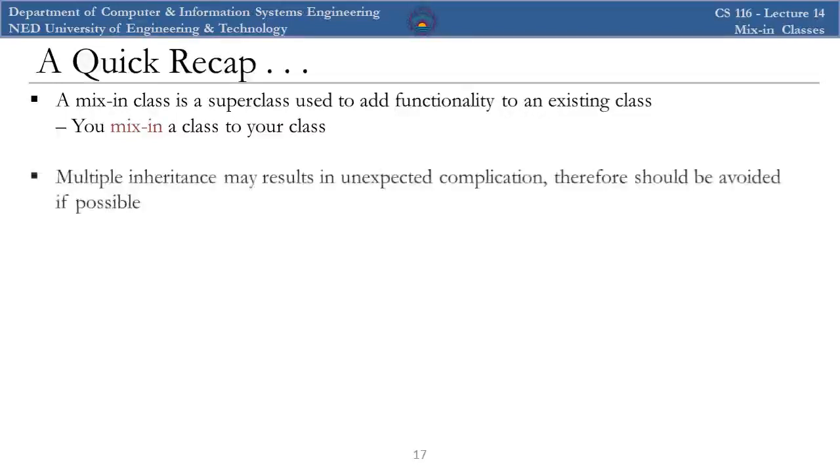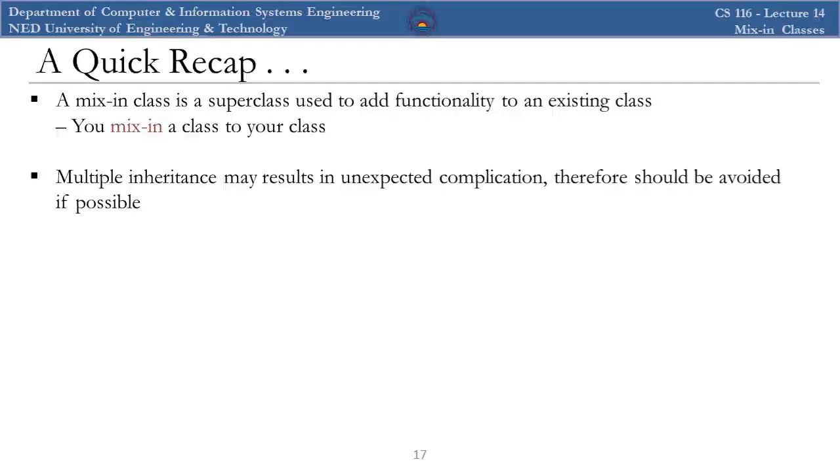Okay, let's recap what we have done today. We discussed mixin classes, and we saw that this is the best way multiple inheritance can be used. You define these classes because you mix these classes into some other classes, so that's why they are called mixin classes.